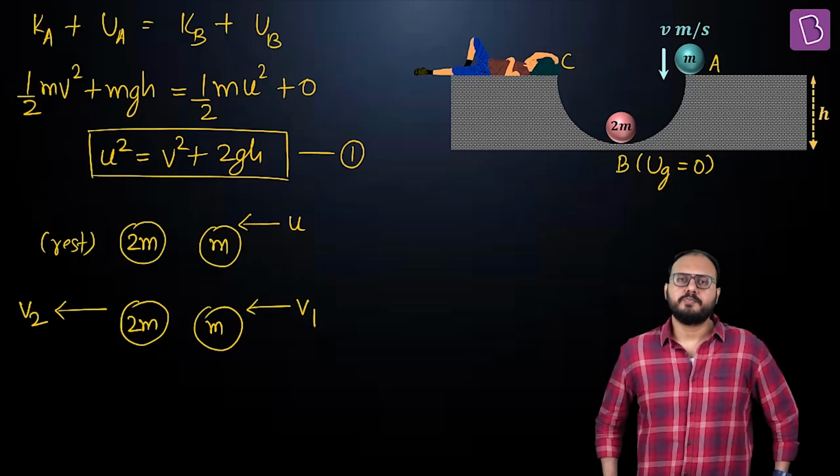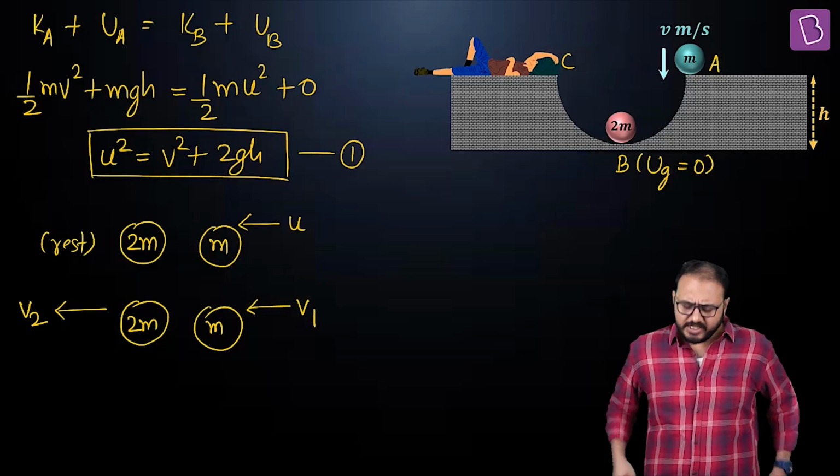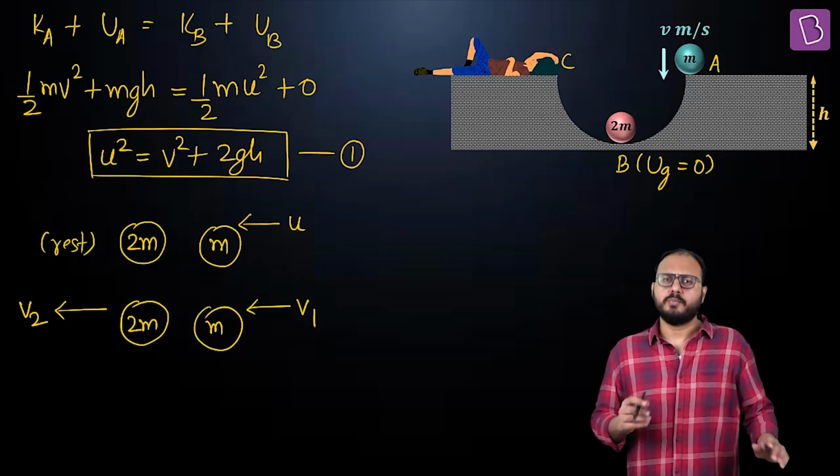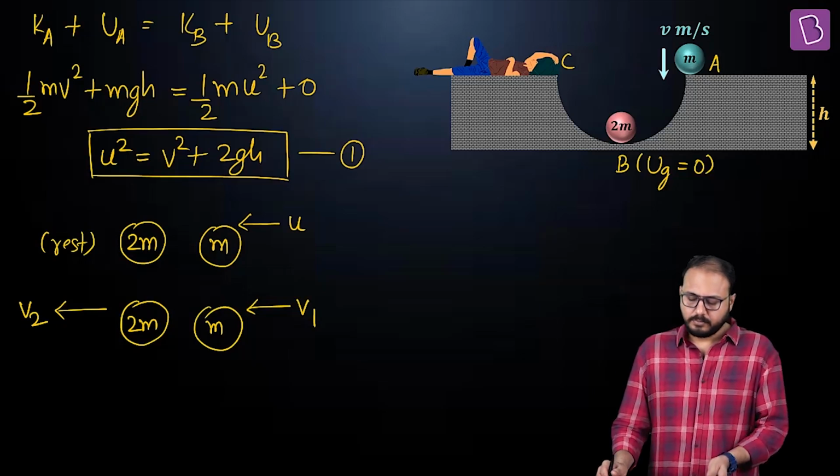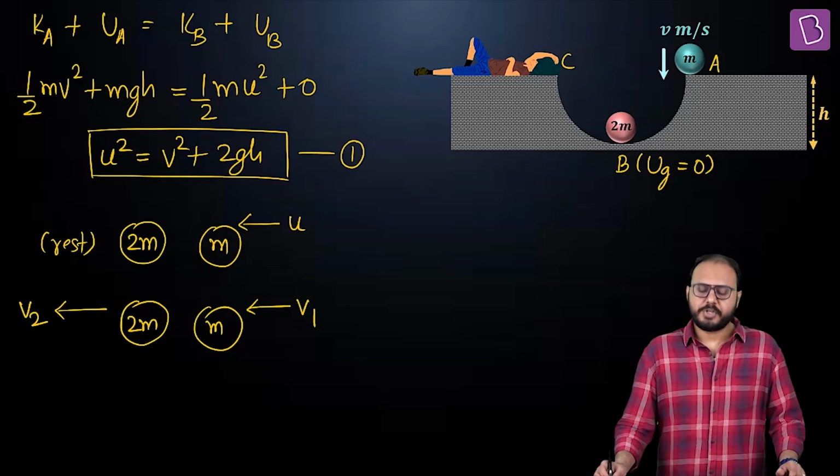Give me V1 and V2. Give me just V2. Only V2. How? Momentum conservation and e equation.